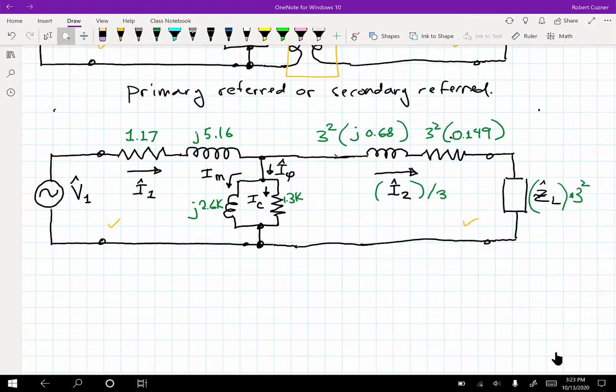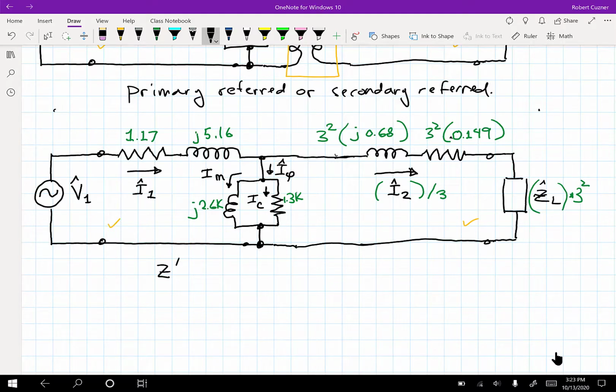So this circuit here shows all of the parameters referred to the primary side. Notice I'm showing that the impedances have to be multiplied times the square of the turns ratio to move them to the primary side from the secondary.